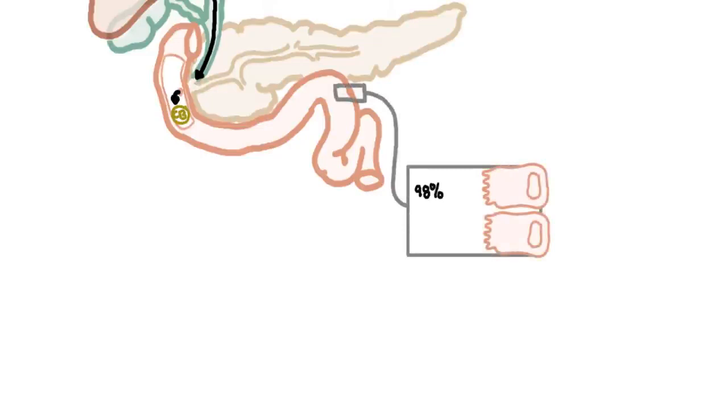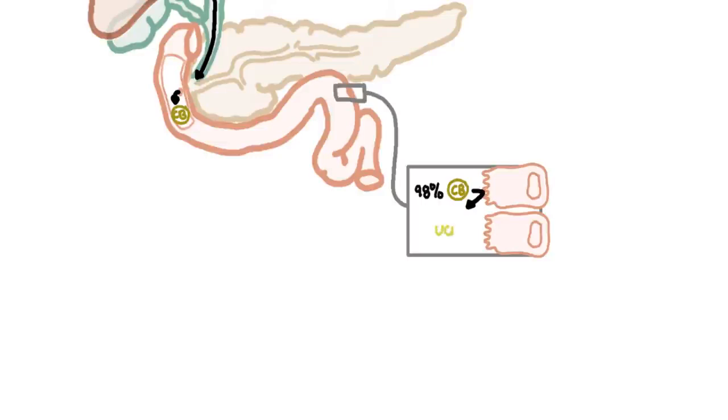The majority of bilirubin here is actually conjugated, 98% obviously, and only a small proportion is unconjugated bilirubin. Conjugated bilirubin, remember, is water-soluble, and so it is not absorbed across the lipid membrane of the small intestinal epithelium.